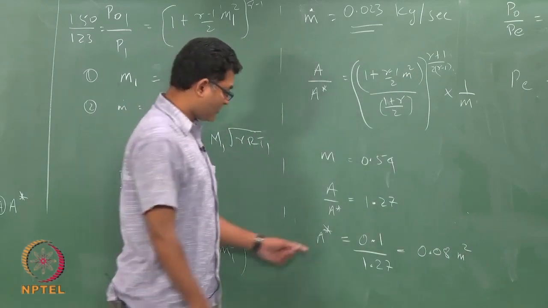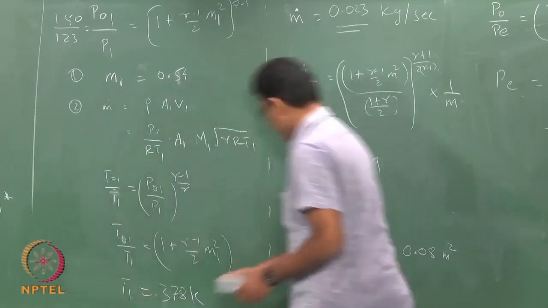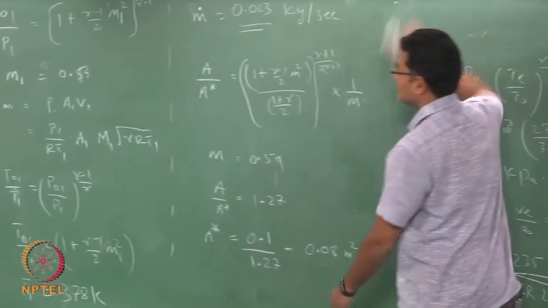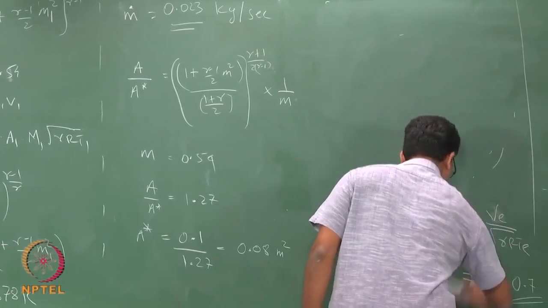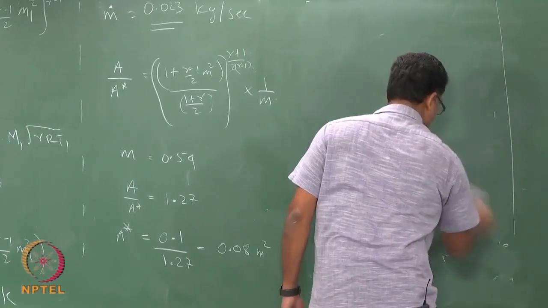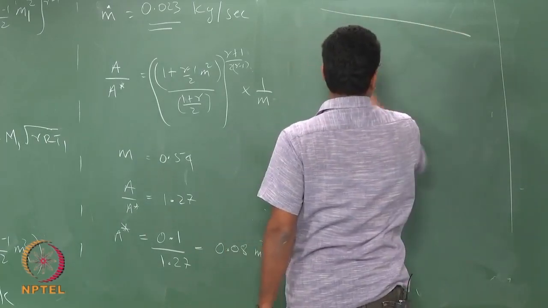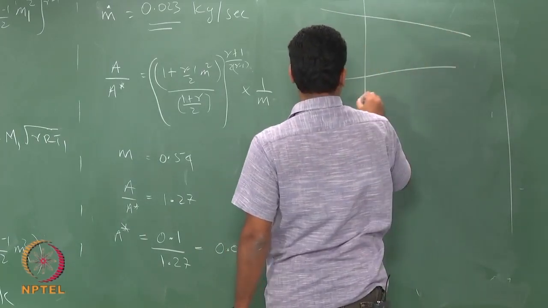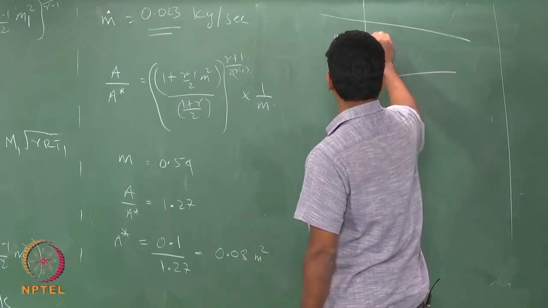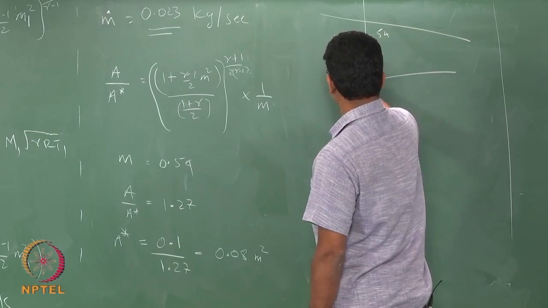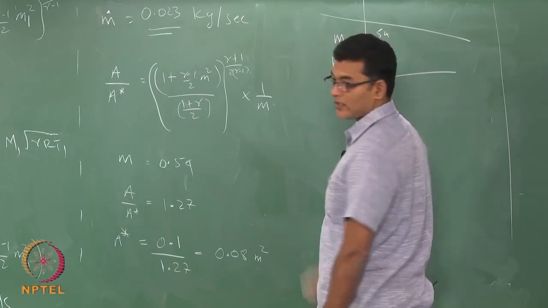Okay. Now, let us look at the meaning of A star. So, I have M1 here to be 0.54, my A1 is 0.1 meter square.